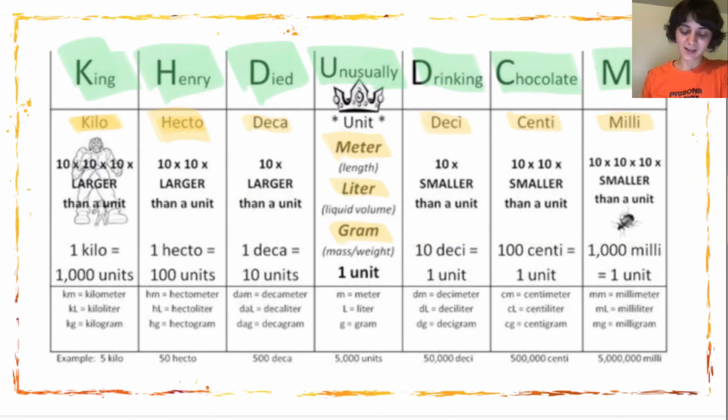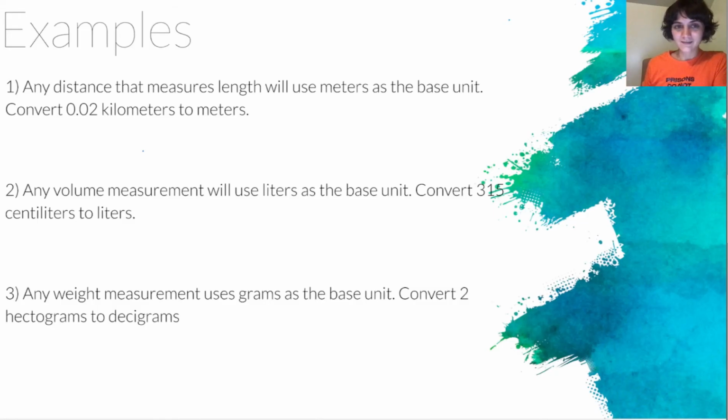Okay, so please write these down and start digesting this as you go. All right, let's go do some examples on the metric system. Whenever I have to do a problem like this, to be honest, I need a good reminder. So at the top of the page, I'm just going to remind myself of what the units are.